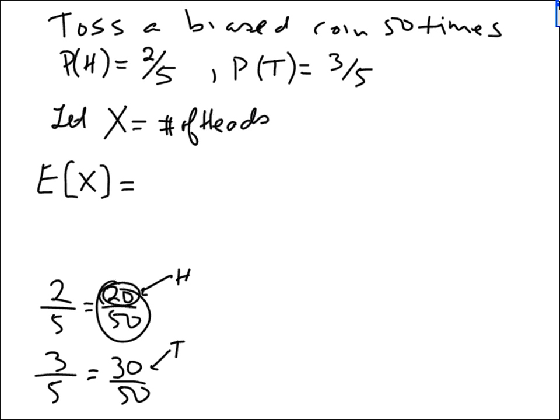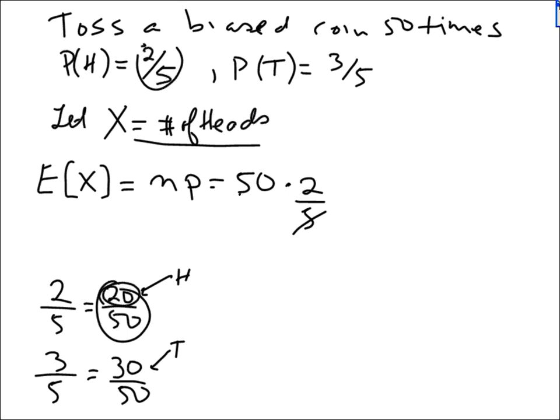The formula works like a charm. It's np. n is the number of times you do the experiment, 50, times the probability of success. Success is heads, and that's 2/5. Well, 5 goes into 50 10 times. 10 times 2 is 20.